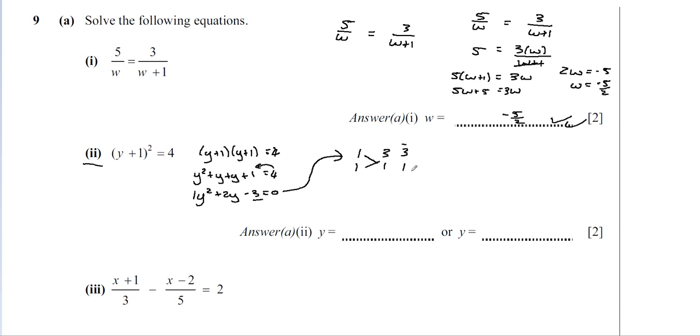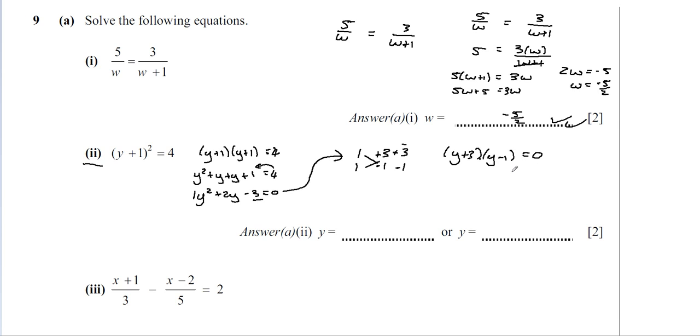With these two values, can we get to positive 2? We can if it's plus 3 minus 1. So these are our brackets. It's going to be y plus 3 and y minus 1, and that is equal to 0.